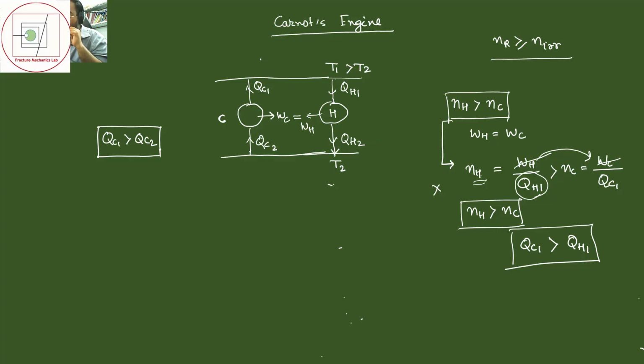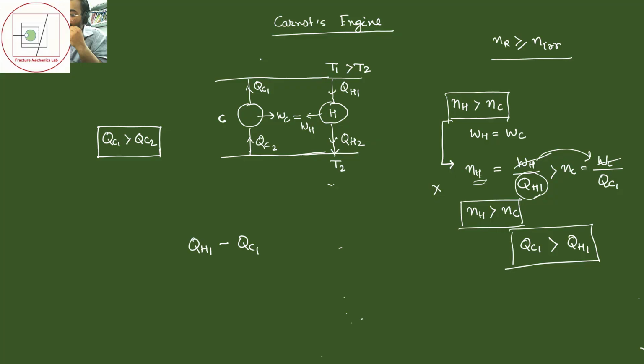But let us now do that. So how much heat is being taken by this complicated system? It is QH1 minus QC1, right? This is the amount of heat which is going in. It is taken away from reservoir T1.